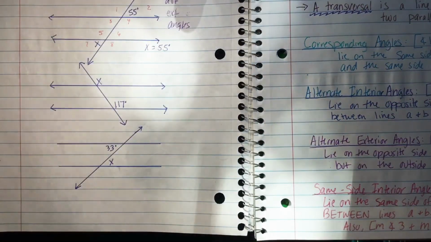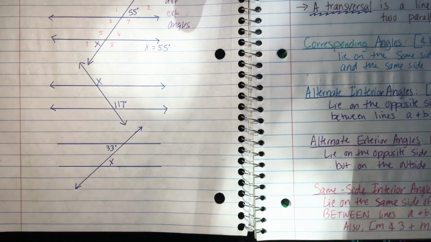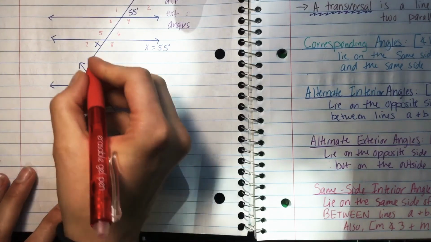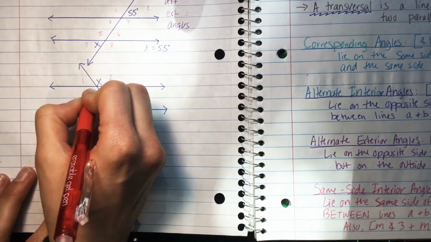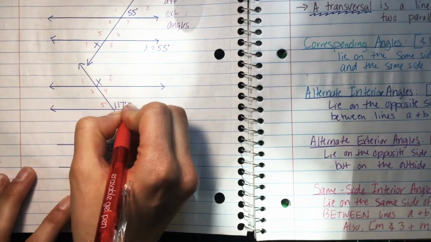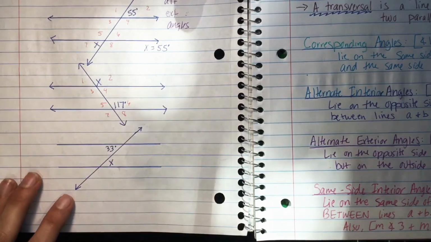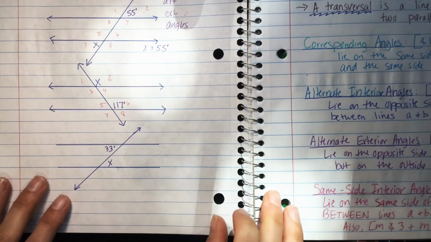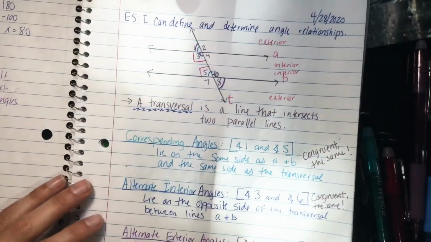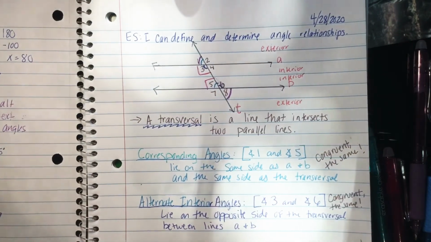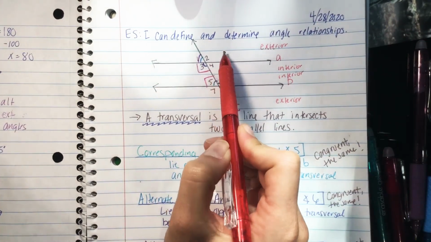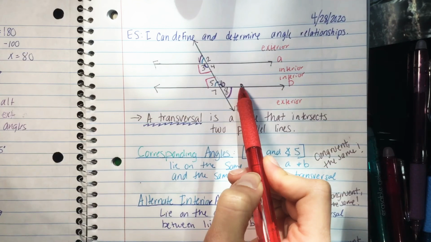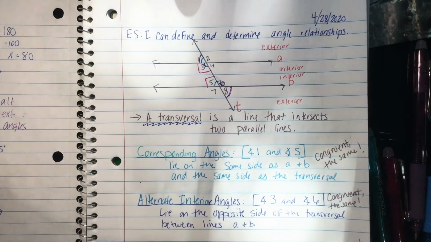All right. Now we're going to move on to the third example. If I want to label them 1, 2, 3, 4, 5, 6, 7, 8. And I've got angle 2 and angle 6. So angle 2 and angle 6, we don't really talk about 2 or angle 6, but we see one is exterior and one is interior.